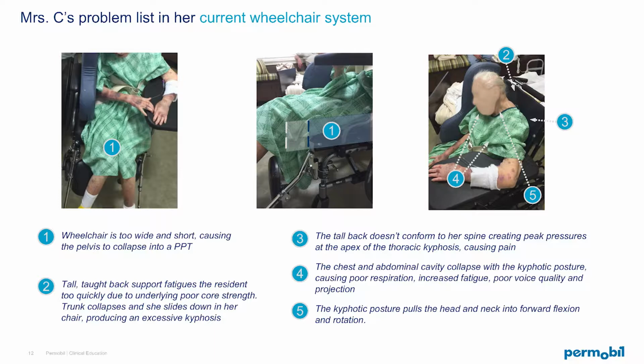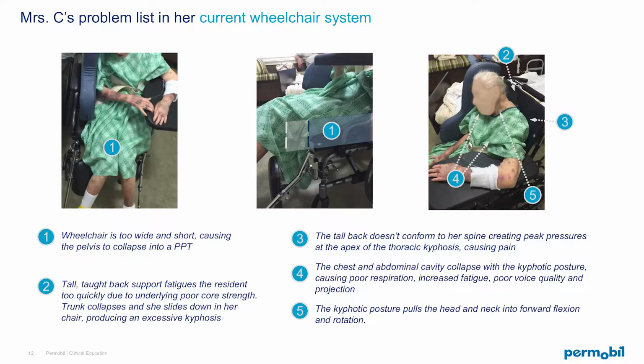So this tall, very taut back support is pushing her forward, demanding that she start using her own core strength to sit up against gravity. But the problem is she's had 2 massive strokes, she has very poor trunk strength, and she cannot maintain that pressure against gravity, and so she just collapses when she fatigues at the chest and the abdominal cavity due to the excessive kyphosis that you're seeing.